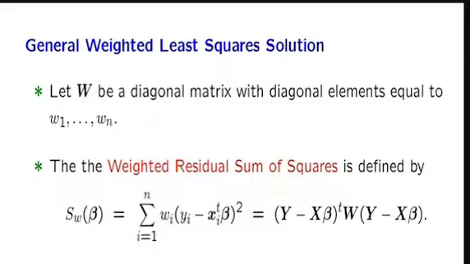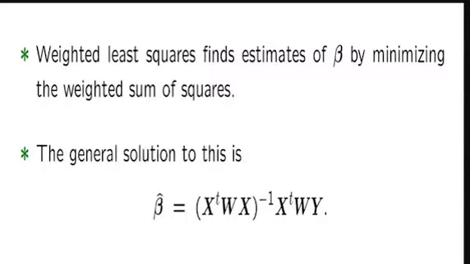But what if this is no longer homoscedastic? Then what I'm going to have is this. Take a look at that.